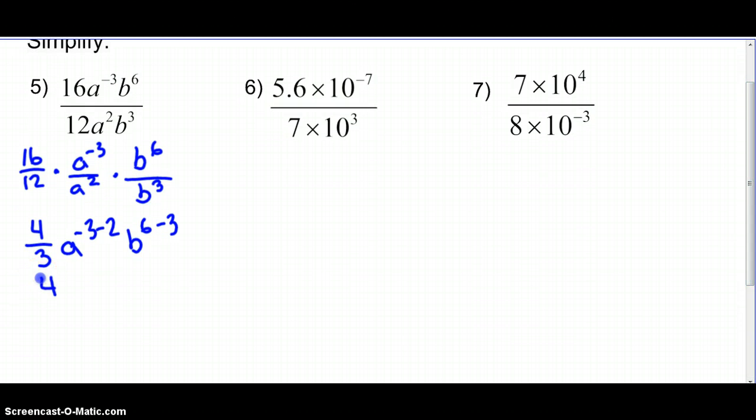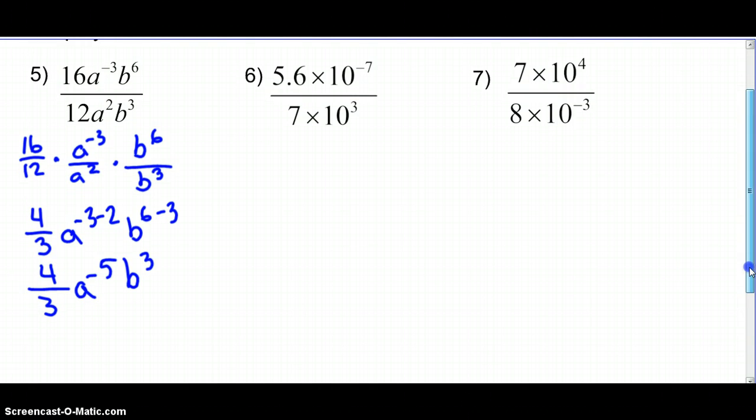Now as we work on simplifying that, I'm going to have 4/3 times a to the negative 5 times b to the 3rd. Now one thing I want to do again is get rid of any negative exponents. So I'm going to go ahead and rewrite this a little bit as 4b to the third divided by a to the fifth.